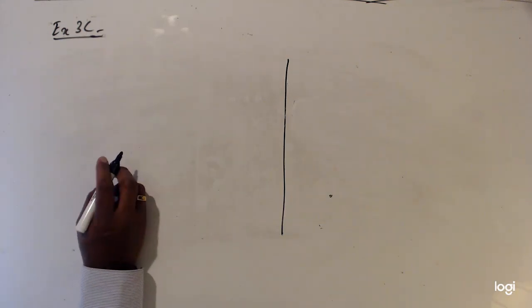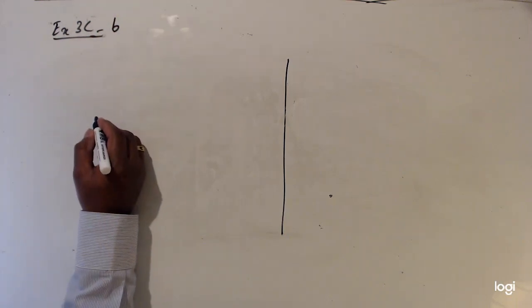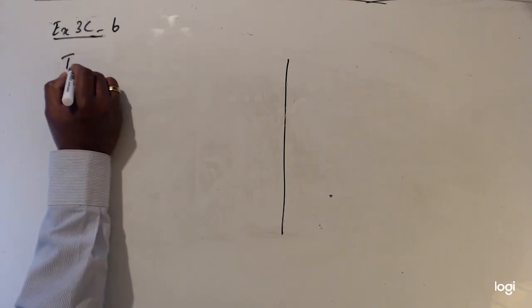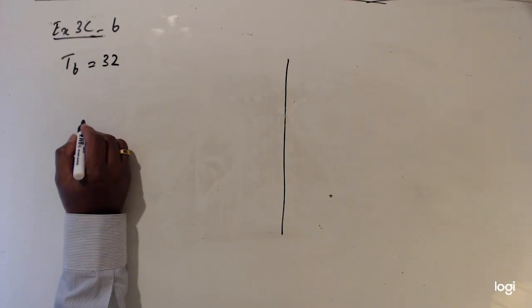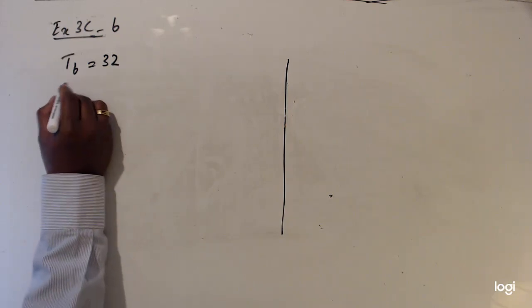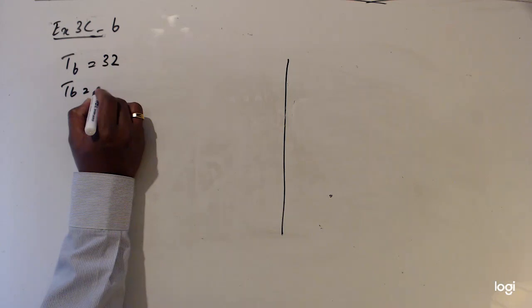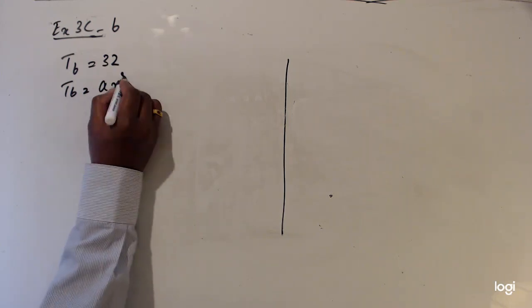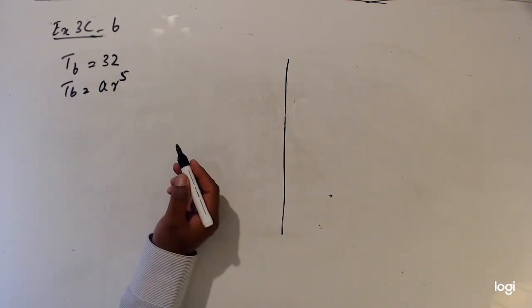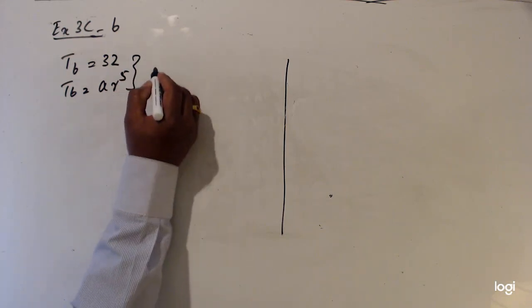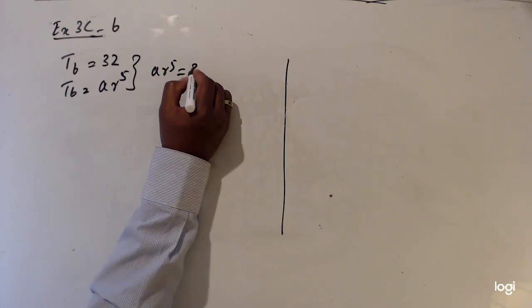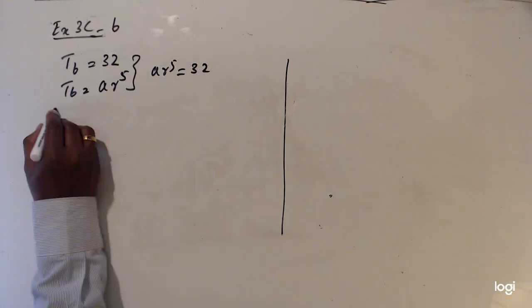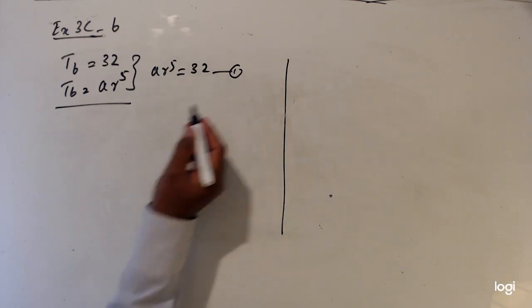Question number 6. The 6th term of a geometric sequence is 32. The 6th term we can also write as the first term times the common ratio to the power 1 less, so from here we can conclude AR^5 equals 32. That is the first equation.